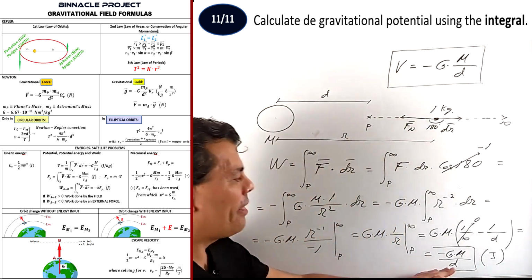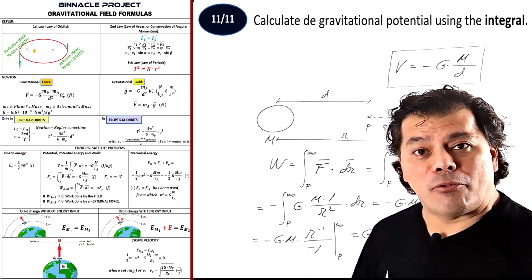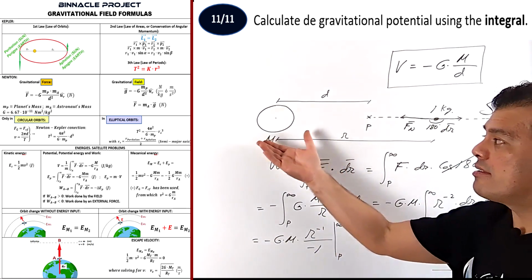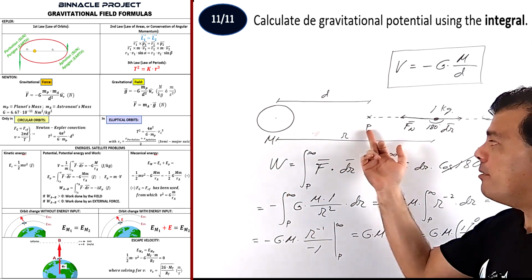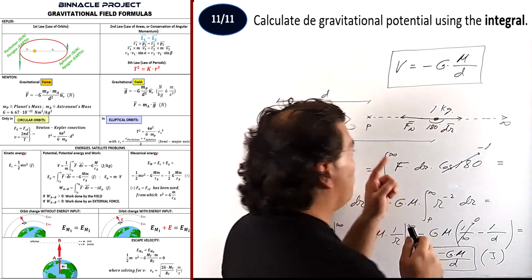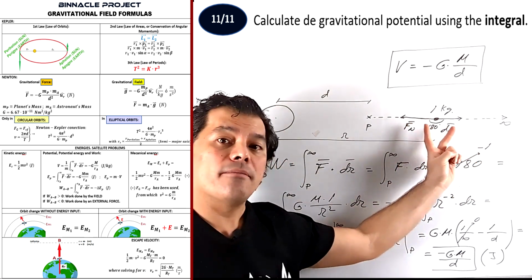Use the same that you can see here. So don't forget what we've done. The set is very simple, it's very easy. We just place this big mass and point P, and our little mass, 1 kilogram of mass, moving from point P to the infinite. And look at the vectors we've placed.